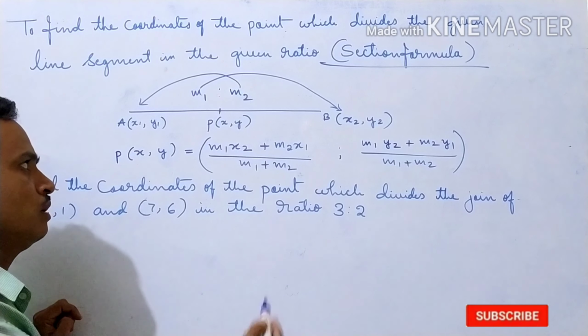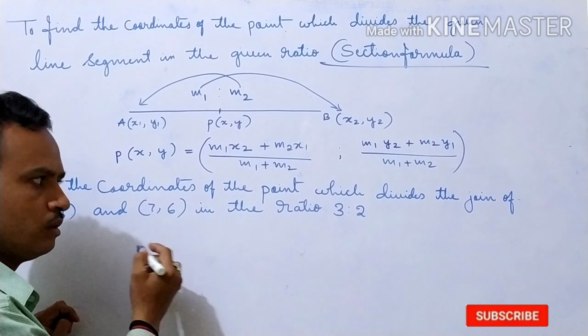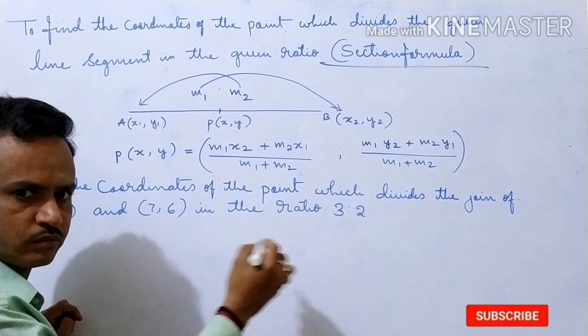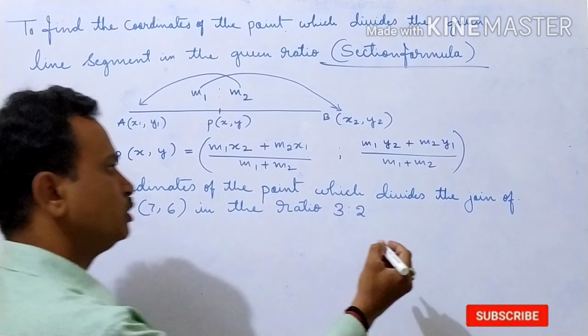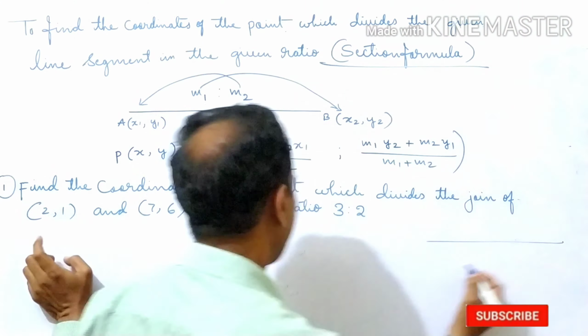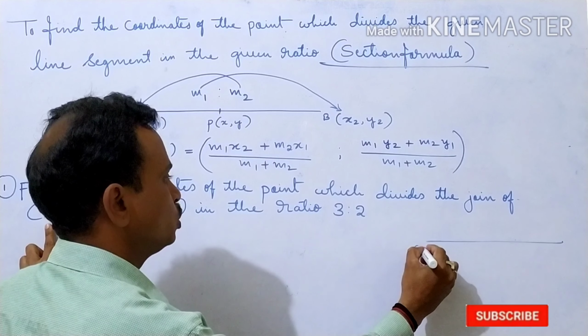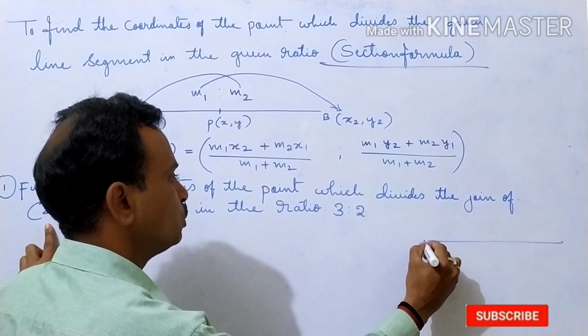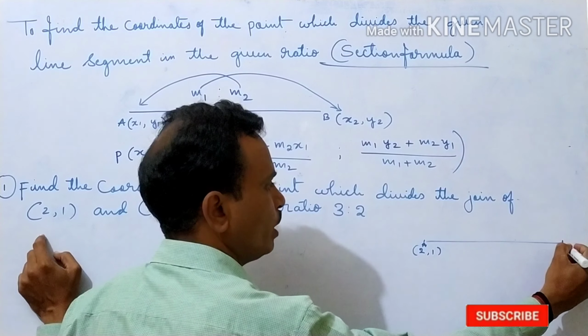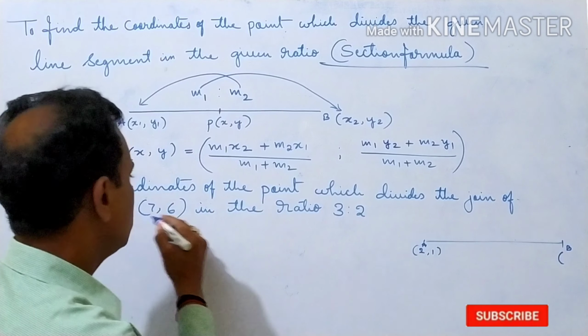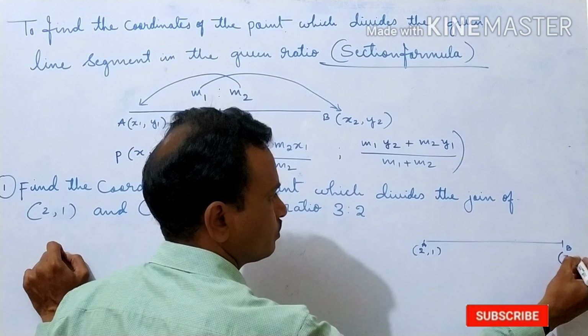Okay, now here is one line segment, I will show you. Here 2 points are given: 2, 1, this is point A, then this is point B, which is 7, 6.